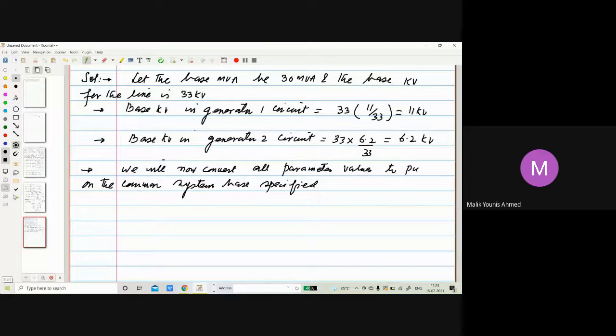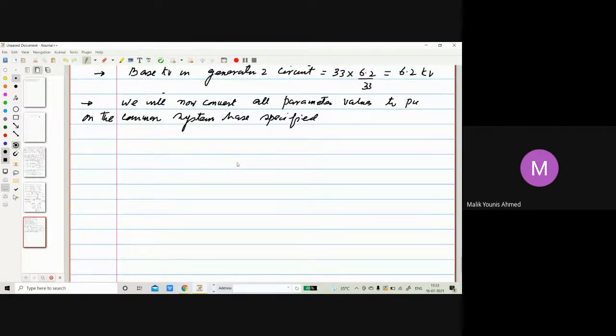We are going to find the per unit reactance of the transmission line first in this numerical. There is a base value, so we'll find the base impedance of the transmission line.